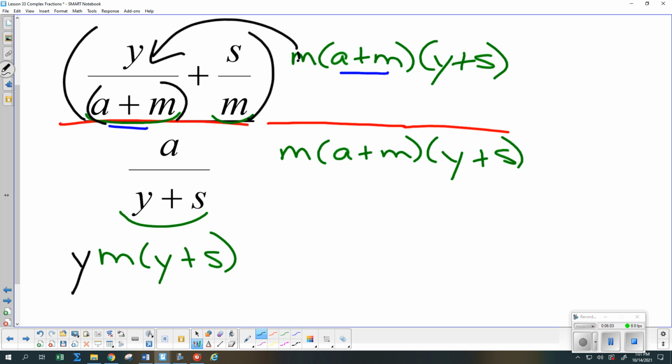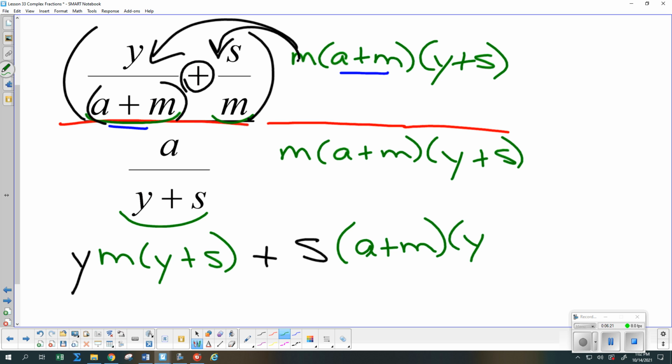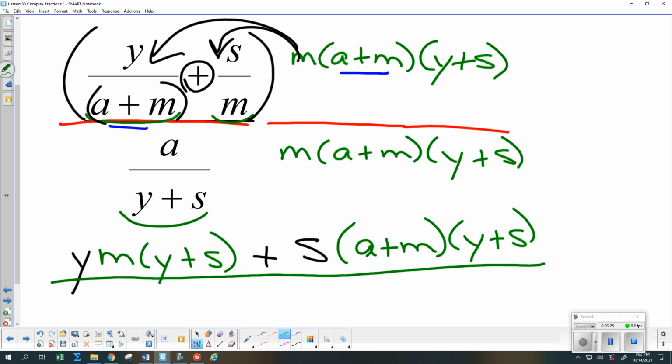Continuing my distributing, this time the m's cancel. Still got my plus. I've got the original s. The m's cancel, and I have the a plus m and the y plus s. How's that for a nice mess for the numerator?